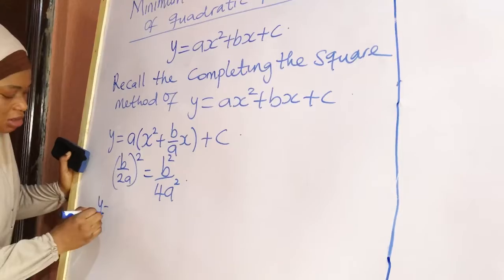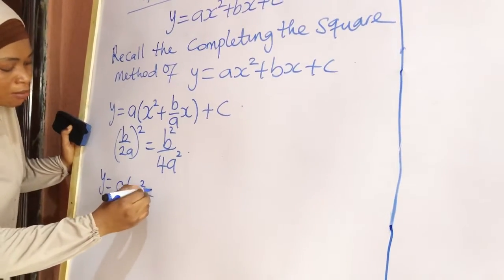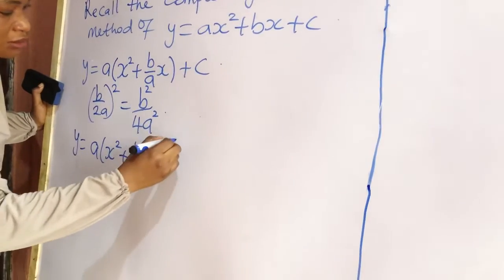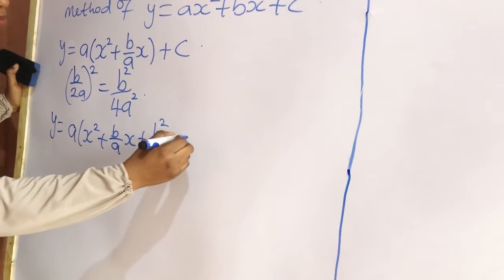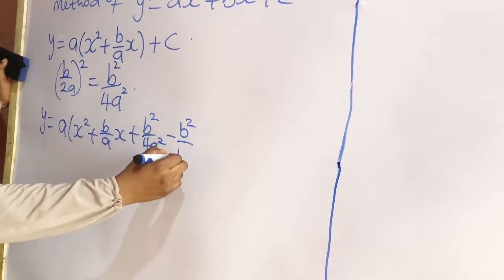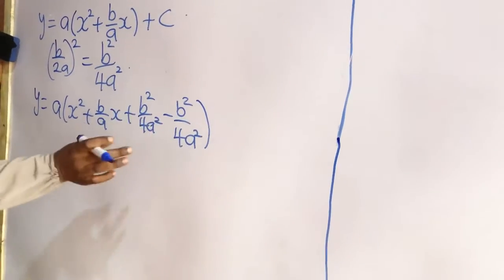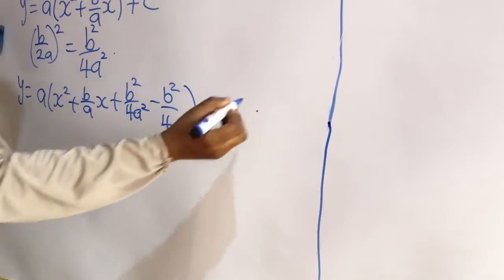So y is equal to a into bracket x squared plus b over a x plus b squared over 4a squared minus b squared over 4a squared. It's as if I'm not adding anything to it, because of this plus and minus, it's more or less like 0.